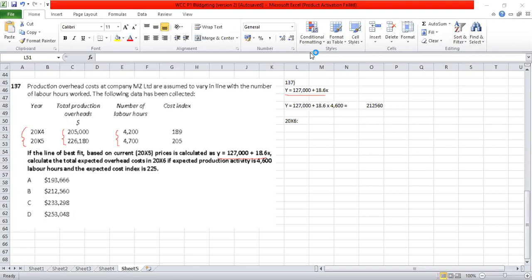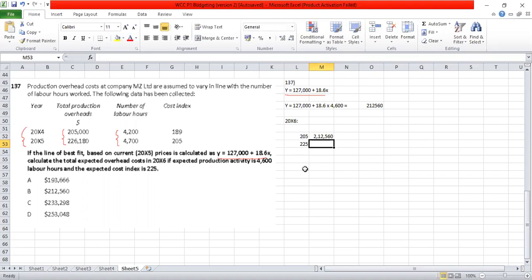So for that, let's take it up. The base is 205. Without considering any index change, assuming the same index of 205 exists, the calculated value is 212,560. But then they have estimated that the index from 205 has moved up to 225.